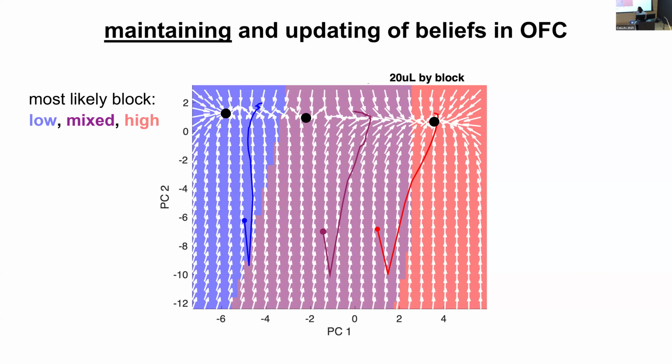Basically, these lines are parallel, and they're parallel to the horizontal line that corresponds to beliefs about being in different blocks. That means I'm not really changing my mind all that much, which is the optimal thing to do. A 20 milliliter offer happens in all sorts of blocks; it tells me absolutely nothing about the state of the world.